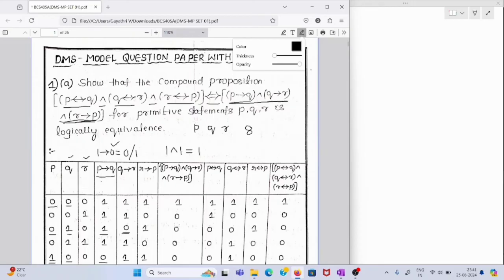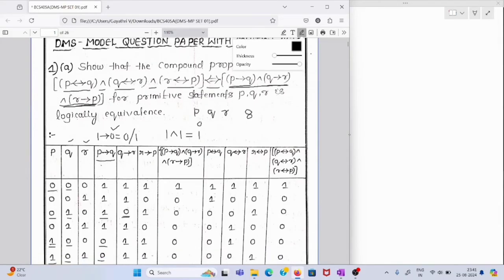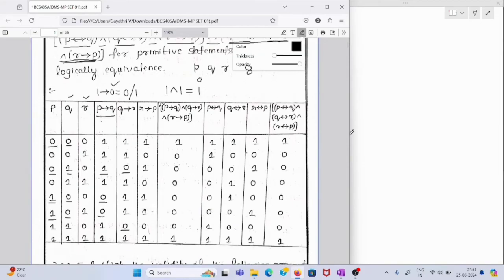For all other possibilities, the value will be 0 itself. Look here, the same thing has happened. 1 conjunction 1 is 1, and for the rest we got 0. Finally 1, because all the three values are 1.